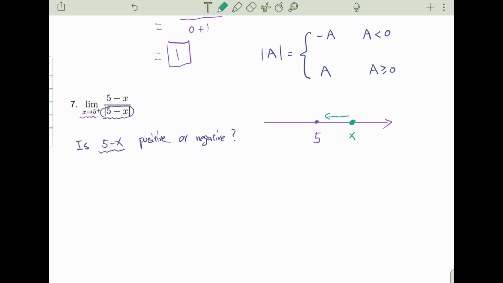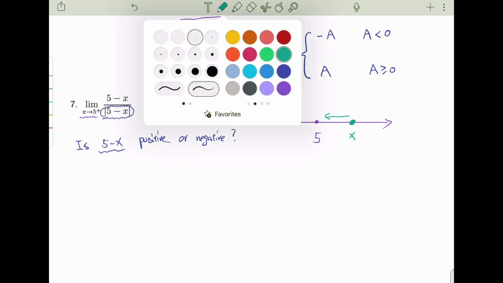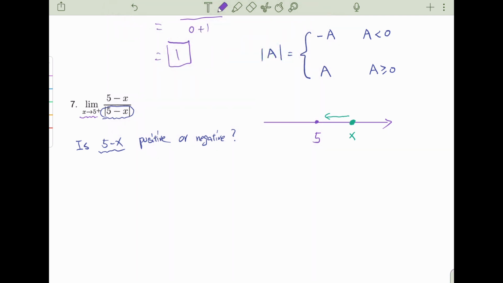As it approaches the number 5, that means 5 minus x is always going to be negative, because if you use 5 minus something greater than 5, you will get a negative output, right? So from here, we know that 5 minus x is negative.